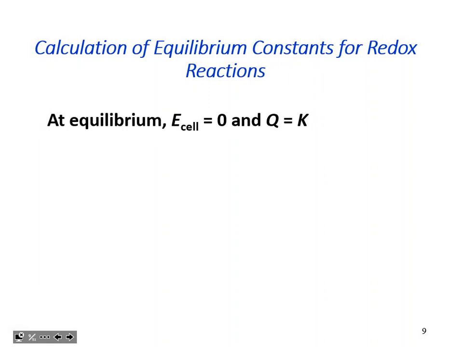Now, at equilibrium, you can derive a different equation from the Nernst equation. Basically, at equilibrium, the E cell is 0, it's basically a dead battery, and K, of course, equals Q. So you can substitute them into the Nernst equation and then rearrange everything.